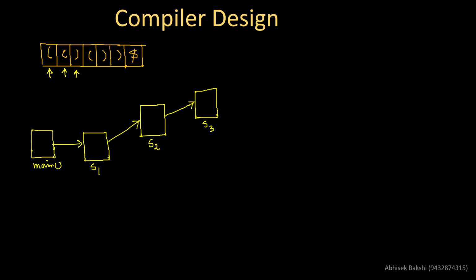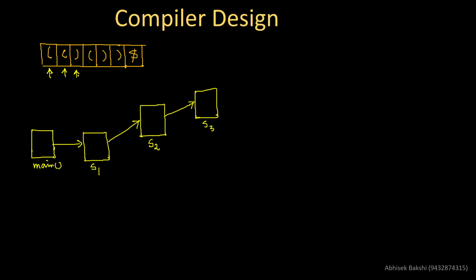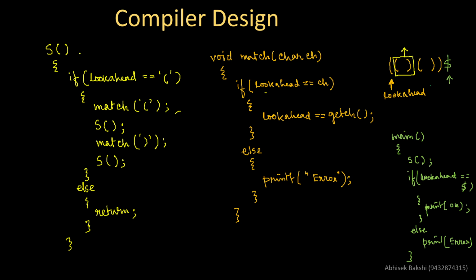Now with respect to the third clone, from the point of view of the third clone, the lookahead is pointing to the closing brace, right? So the lookahead equal to opening brace check will be false, because now the lookahead is pointing to the closing brace. So it will go to the else and it's written just return.